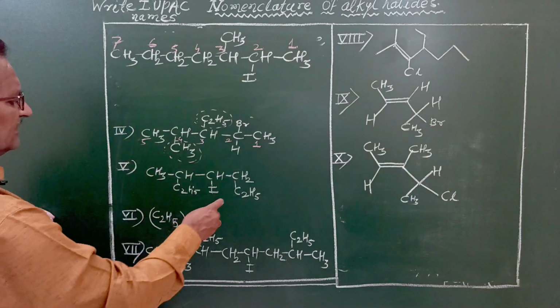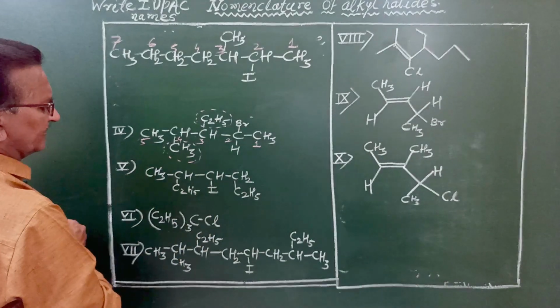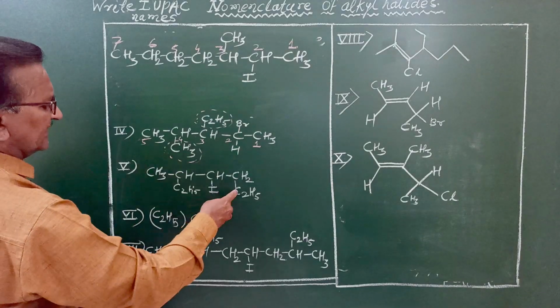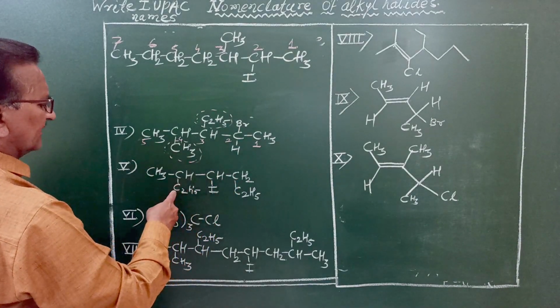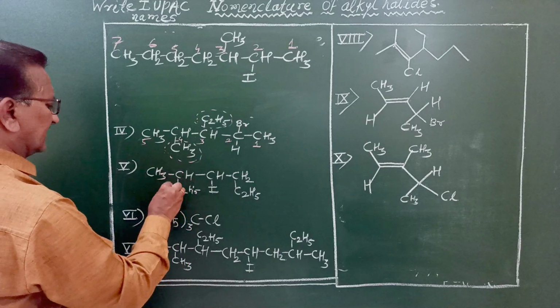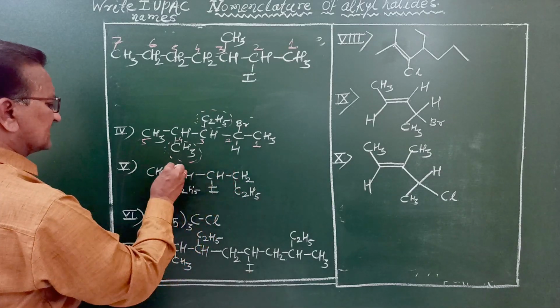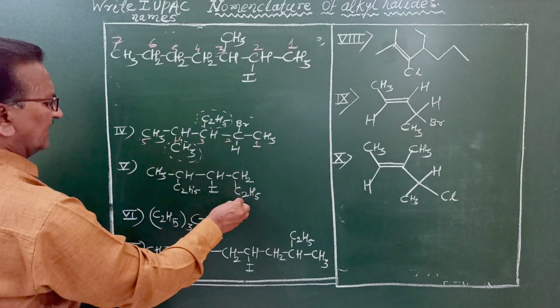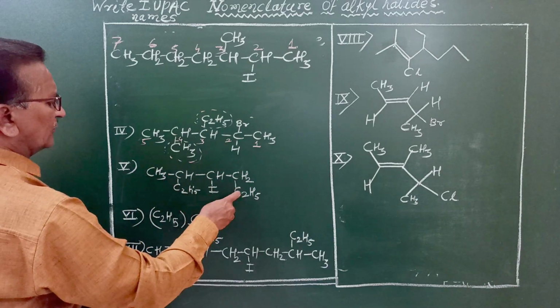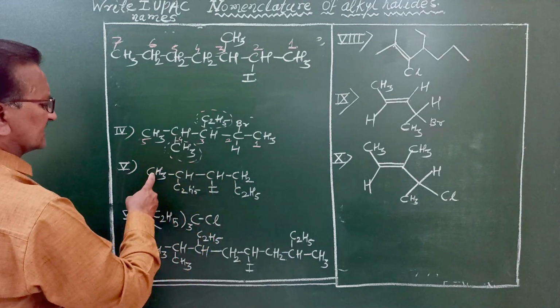Let us see this example. In this example, let us see the first position of the iodine atom. Here there are 2 carbon atoms, 1, 2, this is the third one, this is the fourth one. Again, this is the longest continuous chain. This chain is the longest continuous chain of carbon atoms. We cannot select this chain as the longest continuous chain because 1, 2, 3, 4, 5, 6 carbon atoms are there.